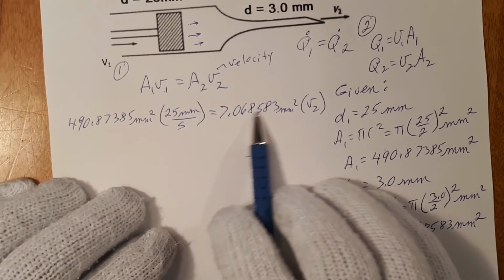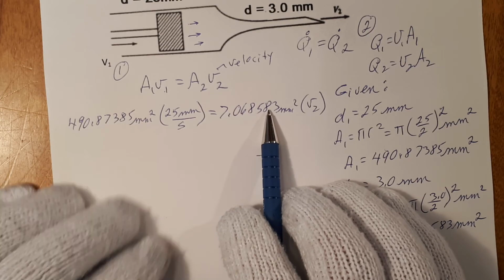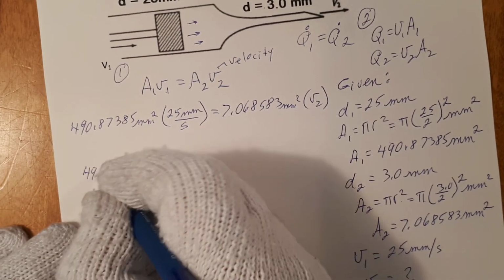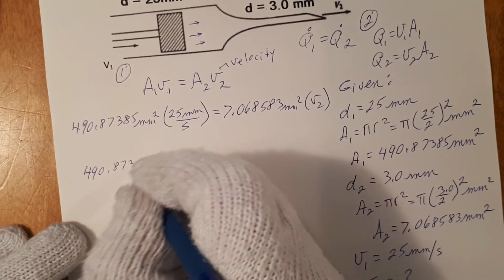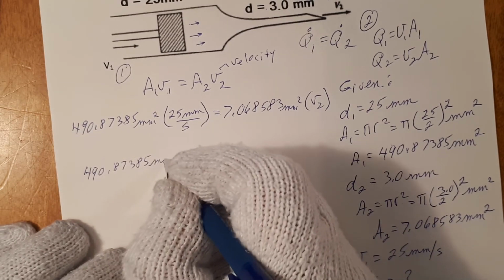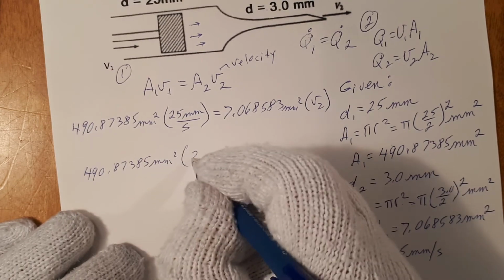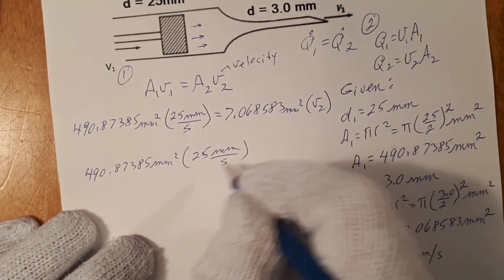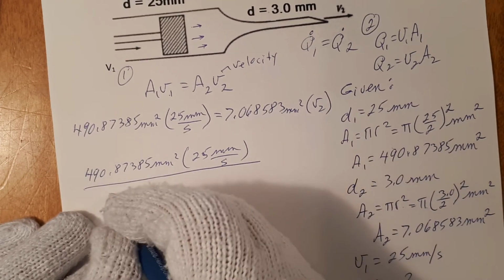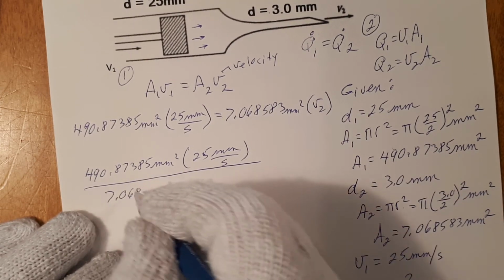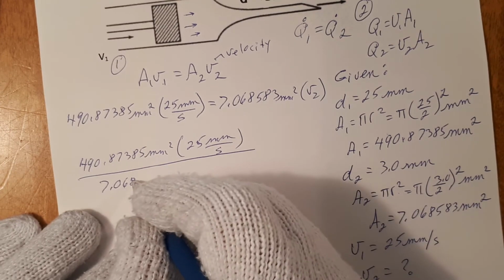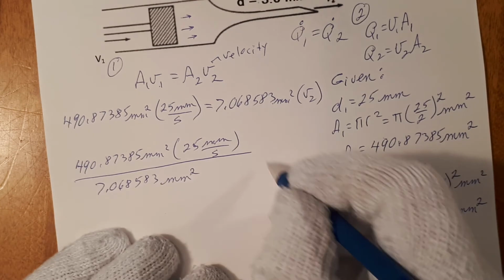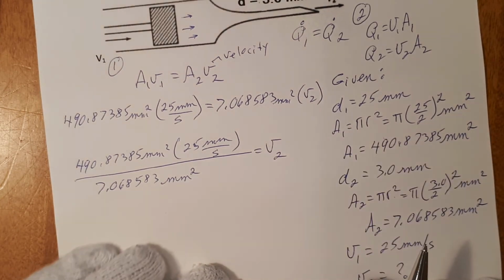Rearranging, dividing both sides by this value, you can do that over here: 490.87385 times 25 millimeters per second, everything divided by 7.068583 millimeters squared, and that is equal to velocity 2.